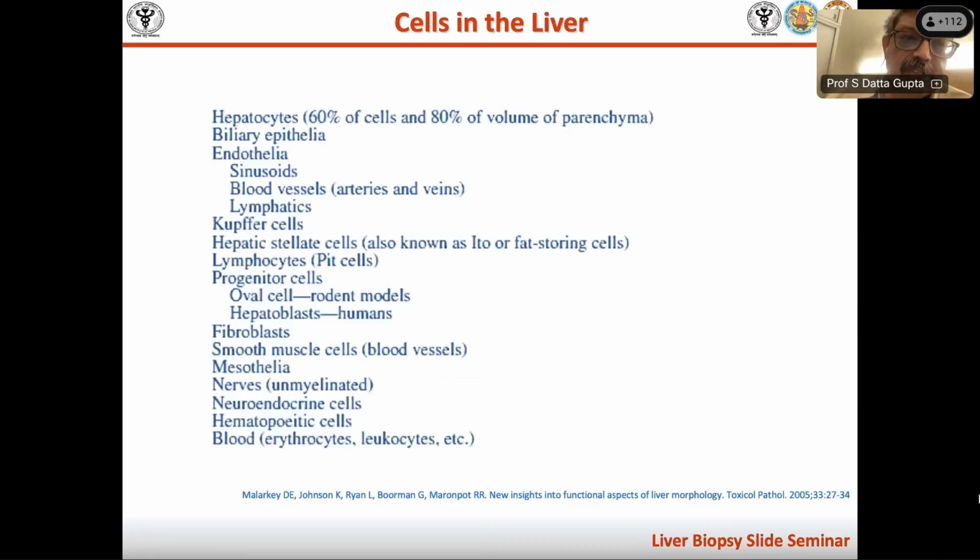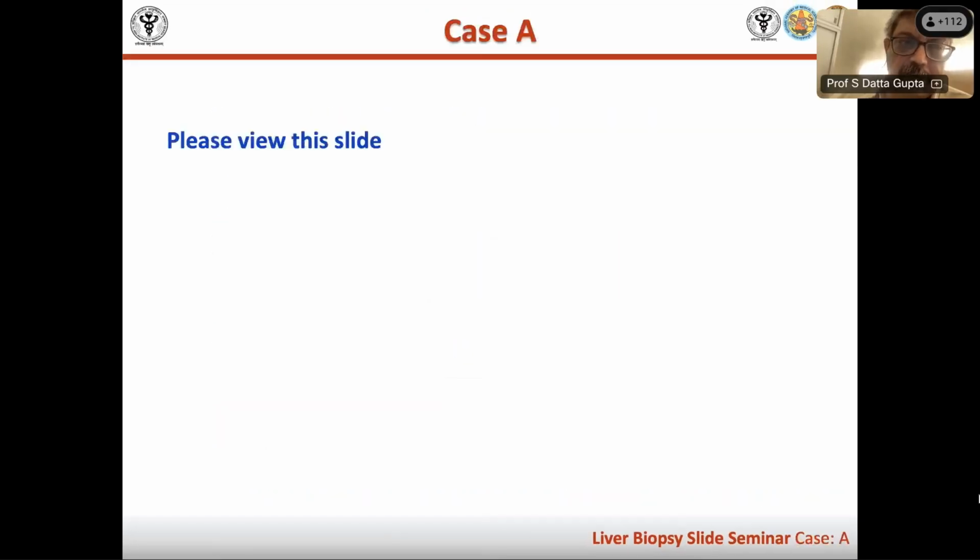So please note it, the majority, 75% of the cells by volume, are hepatocytes. Then you have the biliary epithelia and other things.